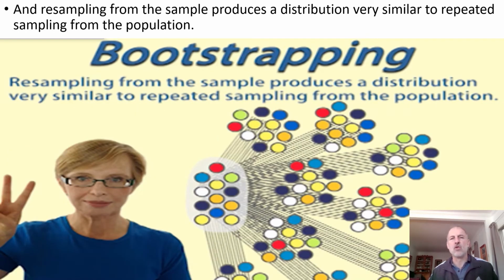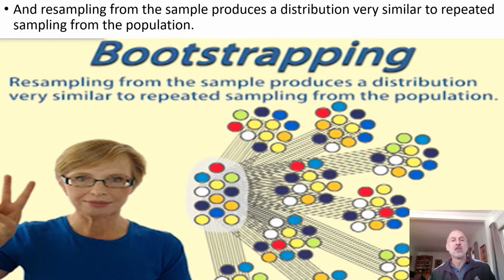People, you know that normally we take a sample from a population. And it works. But over here, resampling from the sample produces a distribution very similar to repeated sampling from the population. This is what we discovered. This is knowledge that we already have as statisticians.